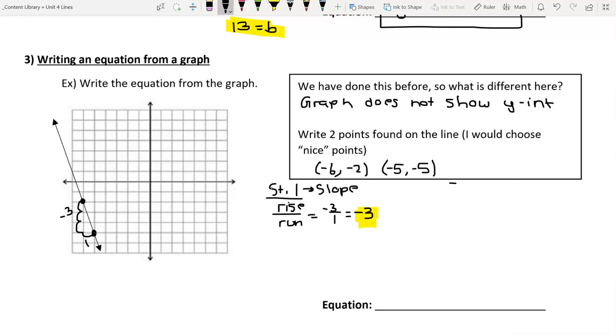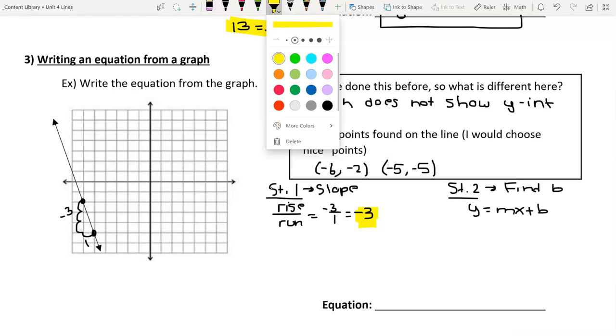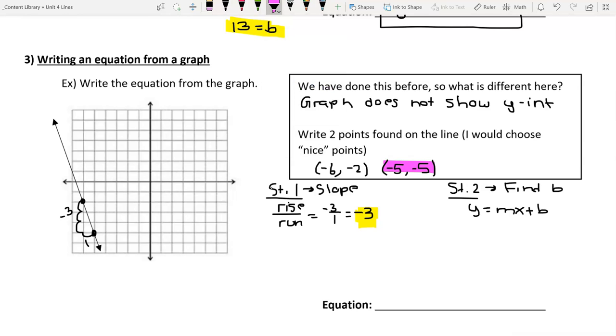But we do have to do step 2 of find b by plugging in a point. Okay, so y = mx + b. I'm plugging in y and x. That's why I wrote out my points, because I'm going to pick one of these to use. So let's just pick this one. I'll highlight it so you guys know where I got it. I'm going to plug in -5 for y.